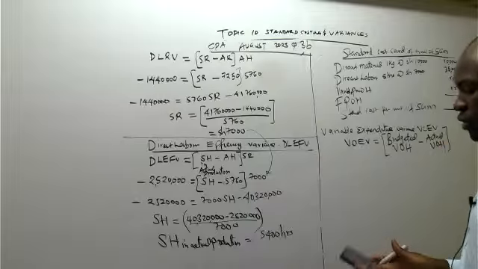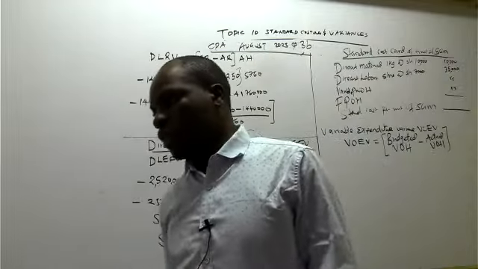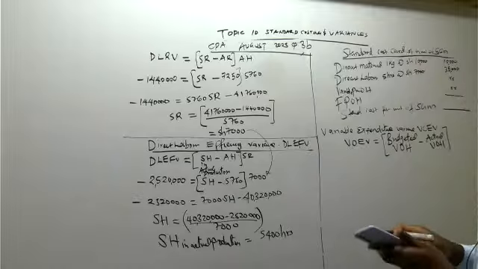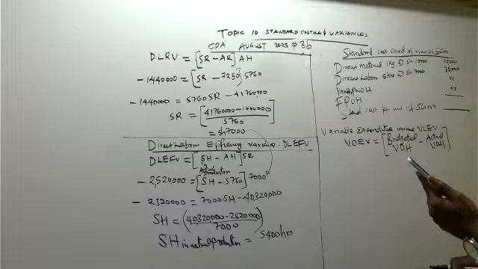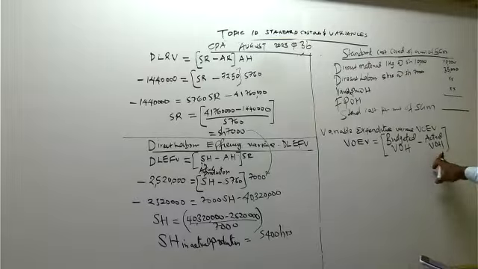The actual variable overheads, if you're keen enough, you'll be able to see them in the question there. So variable production overheads, the actual is already given. So what we need to have here now is the budgeted variable overhead.